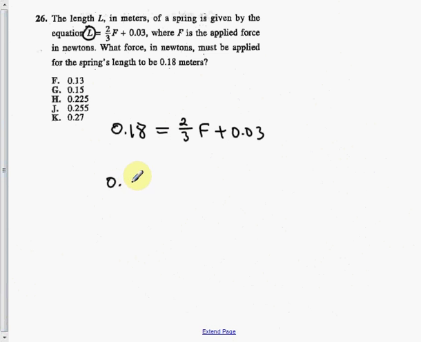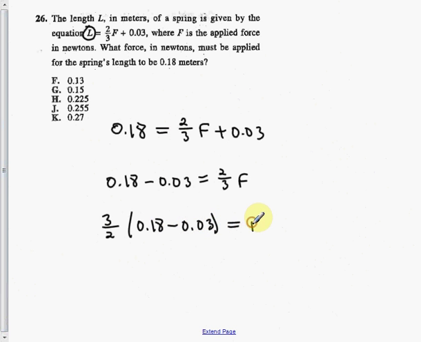So you have 0.18 minus 0.03 is equal to 2/3 times F. And then multiply both sides by the reciprocal of 2/3. So that becomes 3/2 times 0.18 minus 0.03. And that's equal to F.